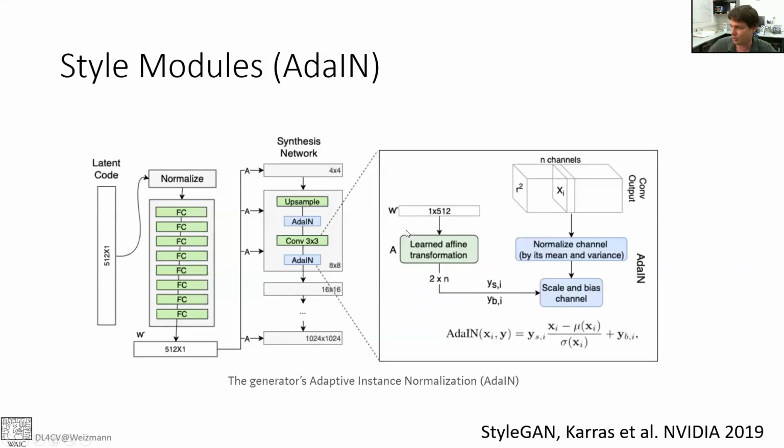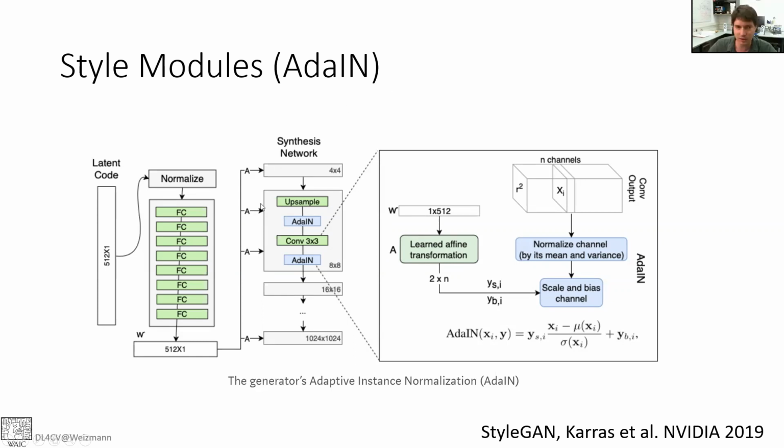And a very important advancement in this from 2019 from NVIDIA is called StyleGAN. StyleGAN has many other tricks, but it is built upon this progressive GAN and uses this style module. They're using this thing called AdaIN, which is adaptive instance normalization.